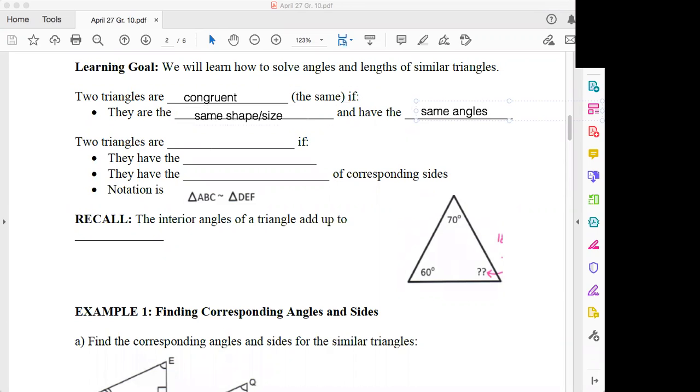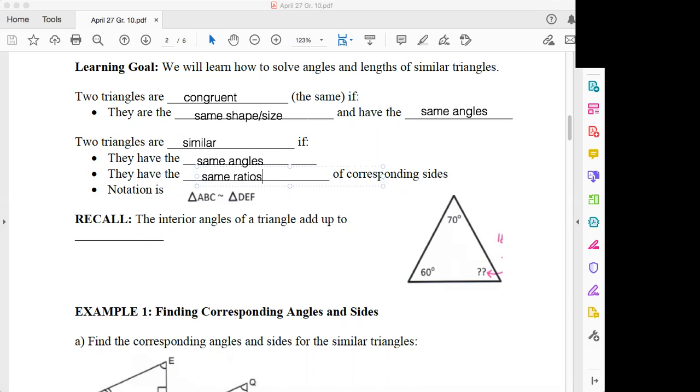So that means it's pretty well exactly the exact same triangle. Two triangles are similar if they have the same angles and the same ratios.